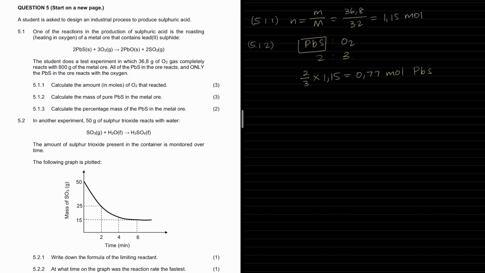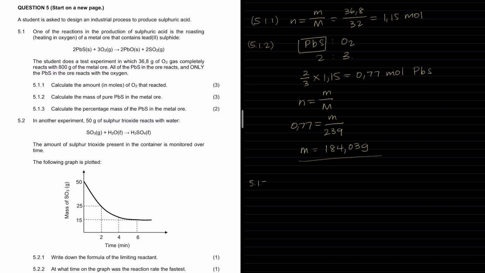Now I can calculate the mass by using n is equal to mass over molar mass. 0.77 is equal to the mass, which is what we want, divided by the molar mass of PbS, which is 239. The mass is then equal to 184.03 grams.